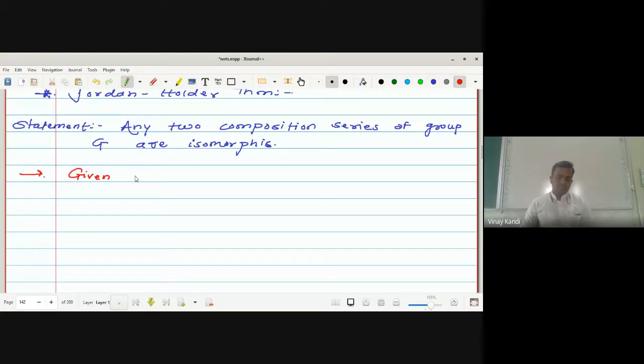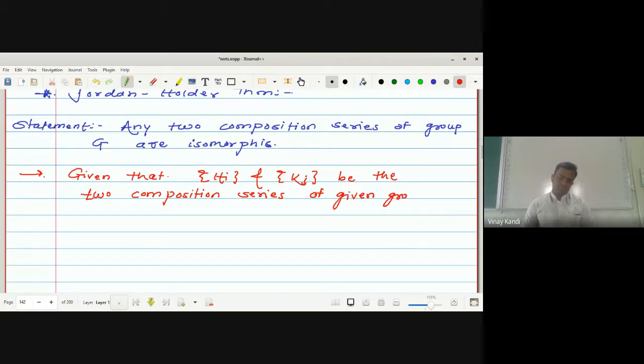Given that, suppose Hi and Kj are two composition series of the given group G, such that the singleton E is equal to H0, which is normal in H1, which is normal in H2, and so on, which is normal in Hn, which is equal to G. Give it as equation number 1.